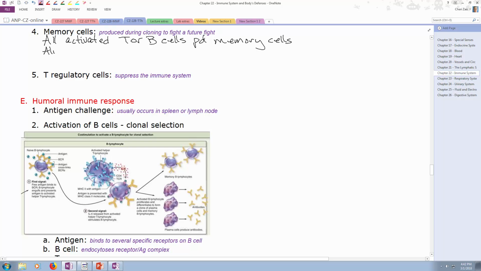They are always ready to fight, but because they're memory cells, they have been instructed to wait until next battle or exposure.